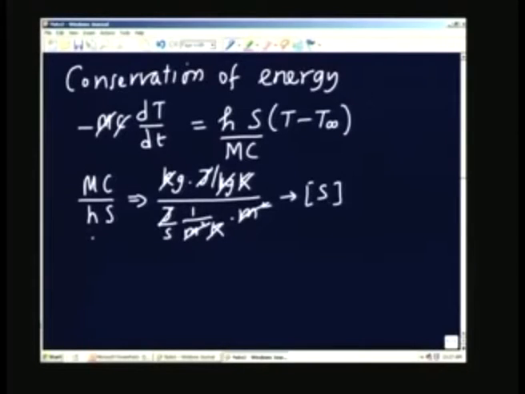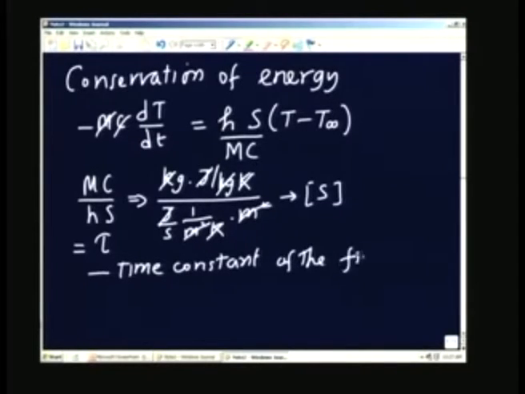So, this mc by hS has the units of second. Usually it is written as tau, and we call this the time constant of the system.